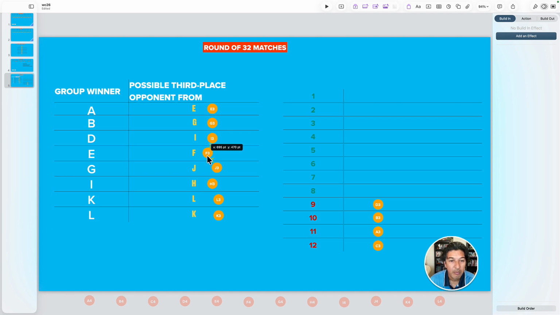And there we go. So hopefully this gives you a better insight into how FIFA is going to determine this round of 32 matches between the group winners and the possible third place opponent.